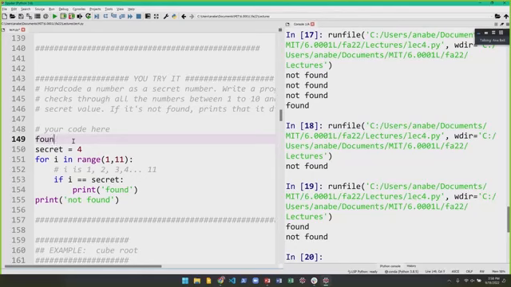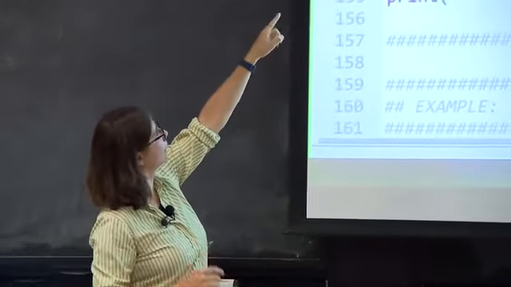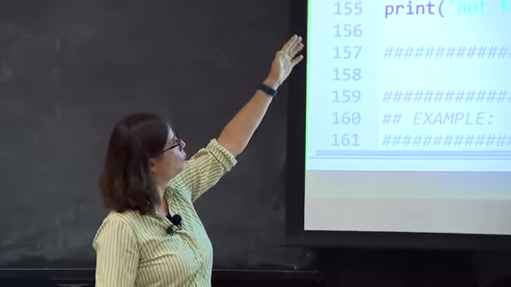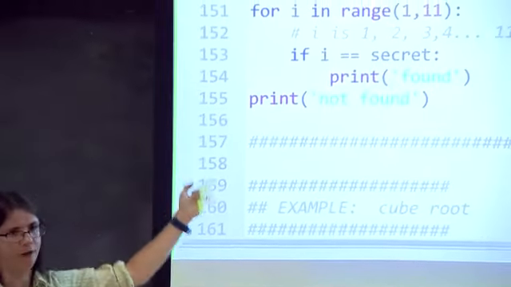So the suggestion from a couple of you is to actually set a flag, right? So we can set a found flag to be originally, let's say, false. So before I even start my loop, let me just assume it's false. And I'm going to change this flag whenever I find the number, right?